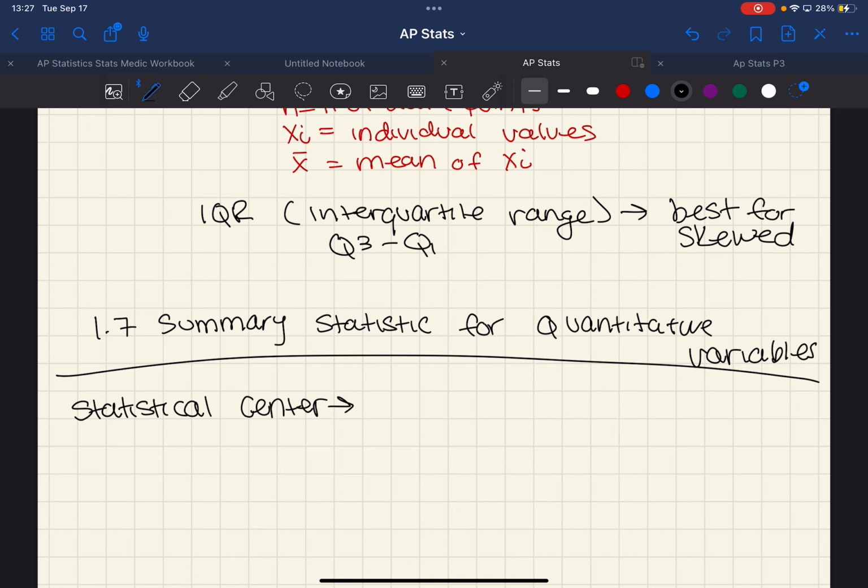There are several, which you should know by now, which are mean or median. And the mean is better for symmetric. And then we have median, which is better for skewed.